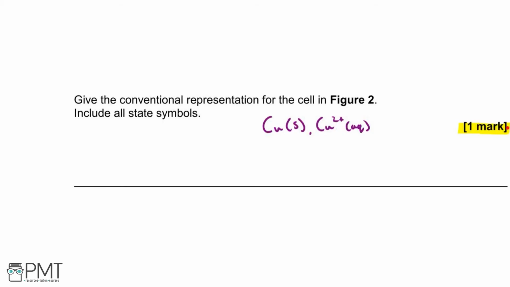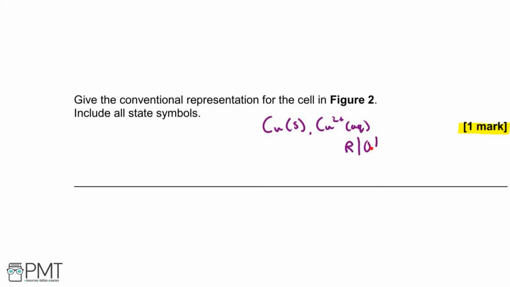When it comes to the conventional representation of cells, going from left to right, we have first of all the most reduced species in the left half cell. We then have a single vertical line which represents a phase boundary. In this case, it's the boundary between our solid copper and our aqueous copper ions. After this single vertical line, we have the most oxidized species in the left-hand half cell.